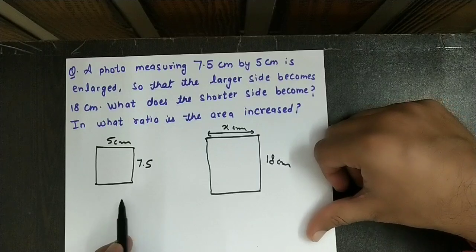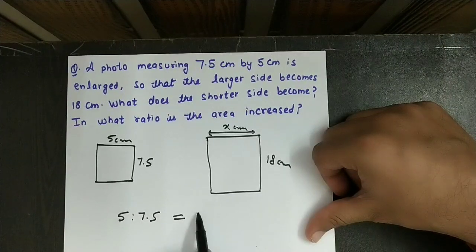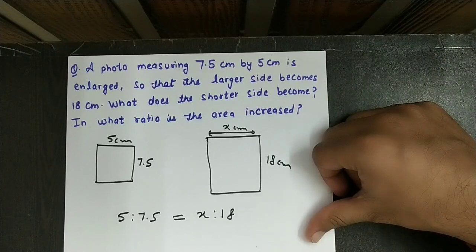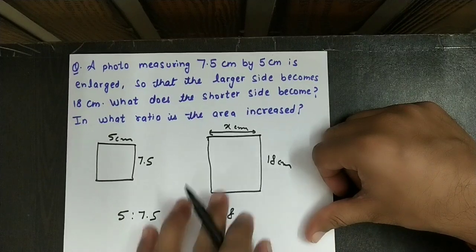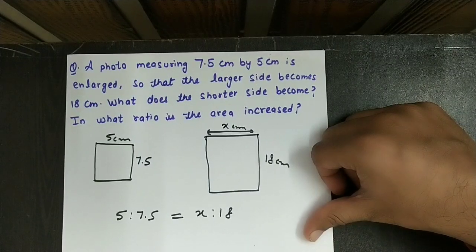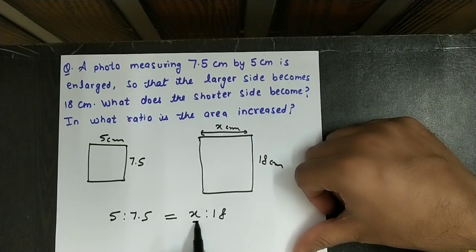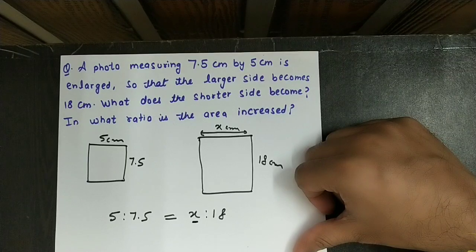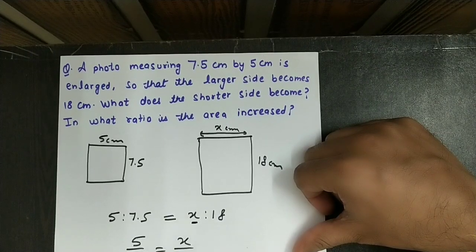What we know here is the ratio 5:7.5 is equal to x:18, because the ratio will be the same, only the numbers are increasing or decreasing. So 5 divided by 7.5 is equal to x divided by 18.